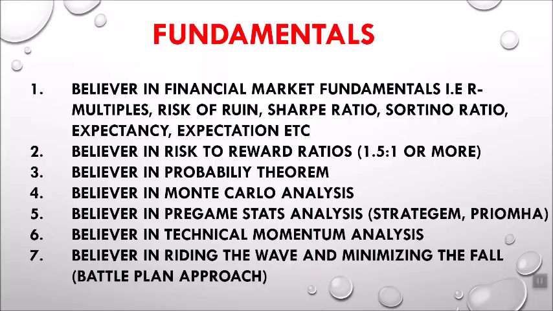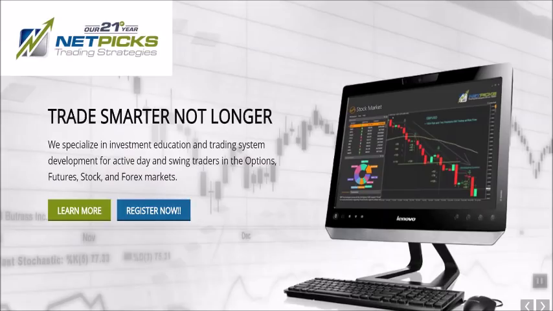And expectation was a variable and a property which helped me to understand that there are still ways that you can differentiate between 2 systems which are actually neck and neck, but with two different approaches. So what I wanted to do first though was just go back to NetPicks.